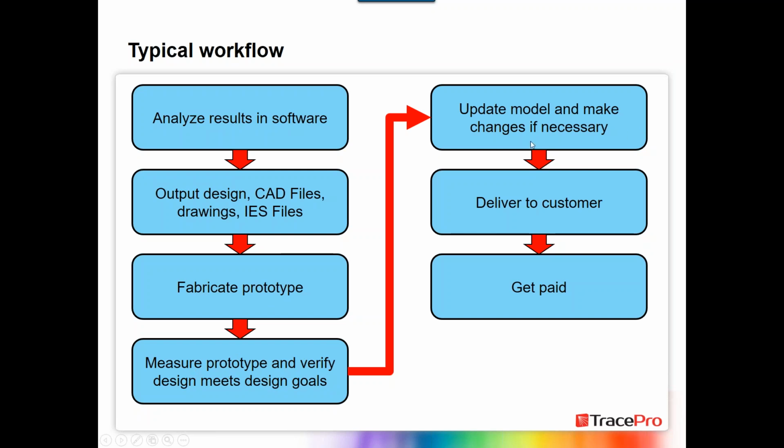If necessary, and this a lot of times is the step we hope to eliminate with software and optimization, is updating the model and making changes. And then the last steps, what everybody hopes to do: deliver to the customer, and then get paid for the job. And that could be an external customer, could be an internal customer.